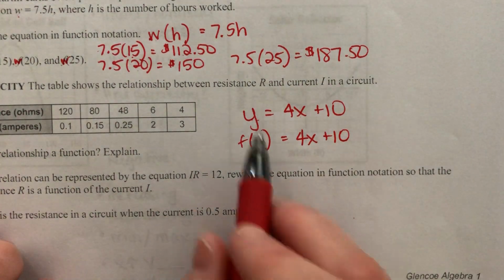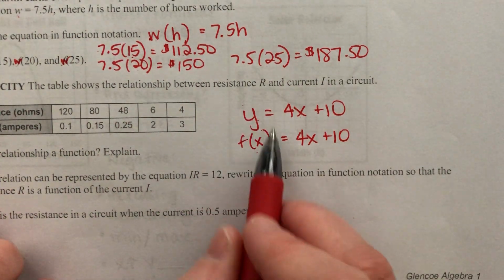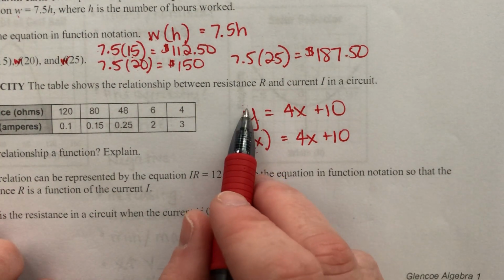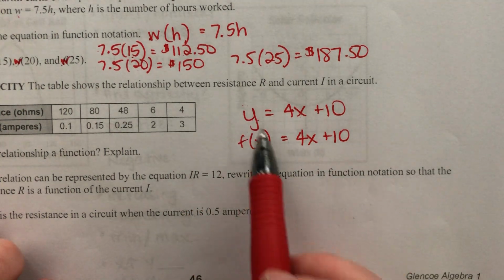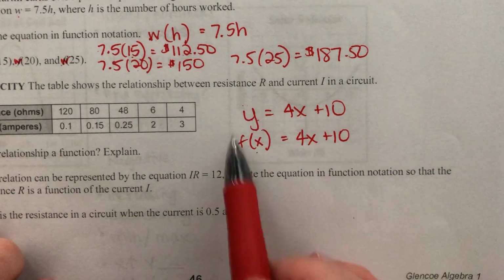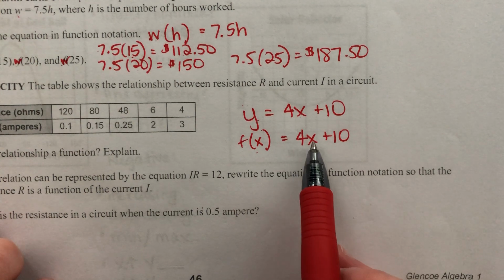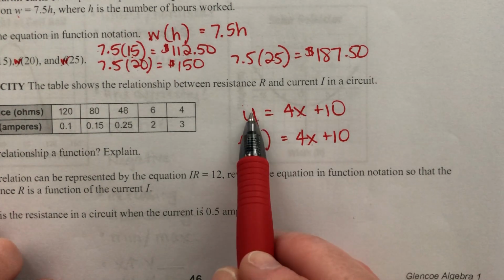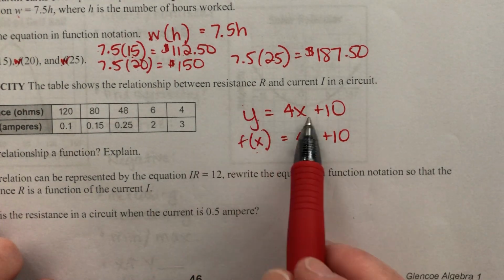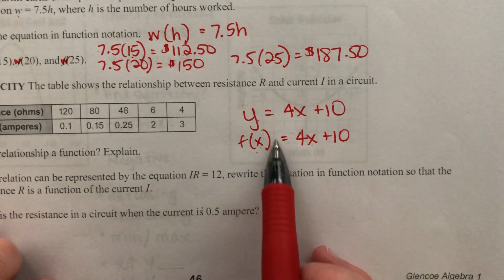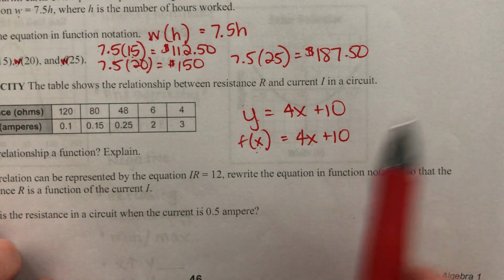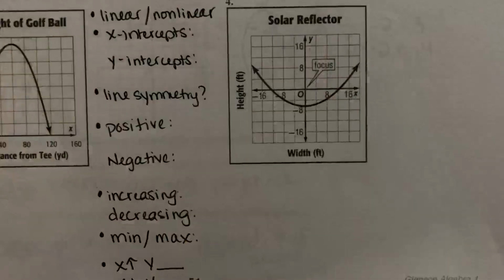Even though we write it differently, this is function notation, it's still y. This output depends on what we put in for this number. So it's y, but it depends on x, so it's a function of x. So that's why we write it this way. This is function notation.